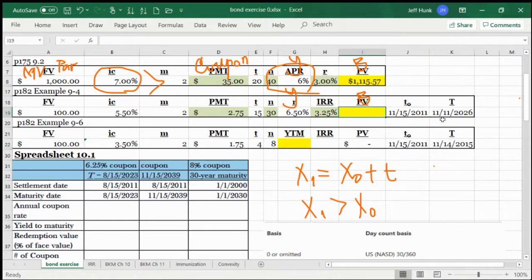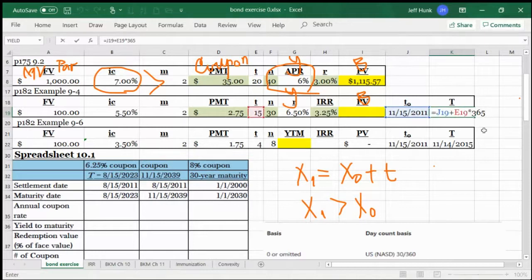then this 15 years was not just random, it was given. With 15 years given, if today is November 15th, 2011, 15 years later will be that date.